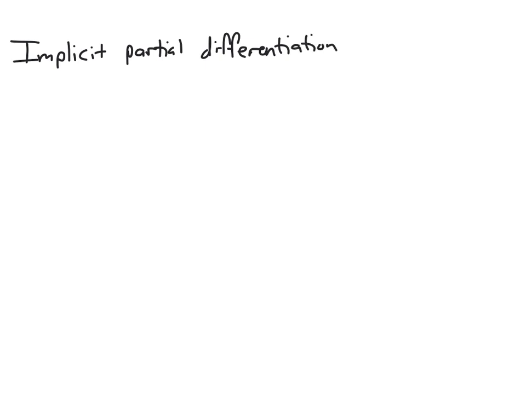This is the technique that's needed when we have y as an implicit function of x, meaning we have some equation involving x and y, but we can't solve it for y explicitly. We can't write it as y equals a function of x, oftentimes because the y is not a function of x. And so we can do the exact same thing in functions with more than one variable.